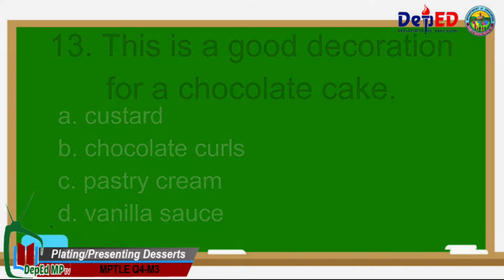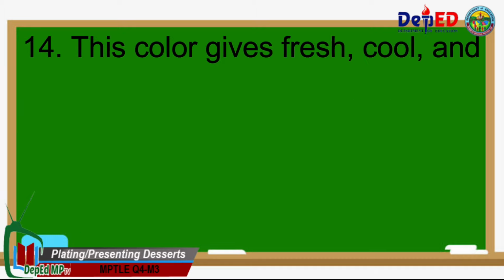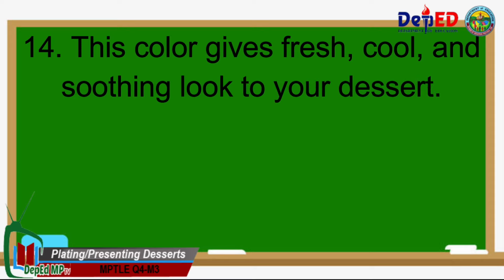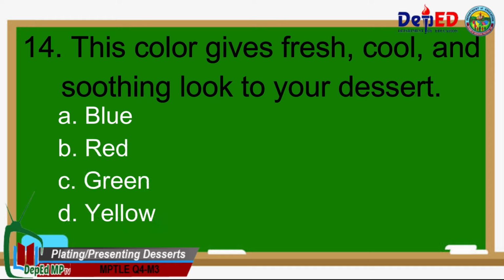Vanilla sauce. Number 14. This color gives fresh, cool, and soothing look to your dessert. Letter A. Blue. Letter B. Red. Letter C. Green. And letter D. Yellow. The correct answer is letter B. Red.